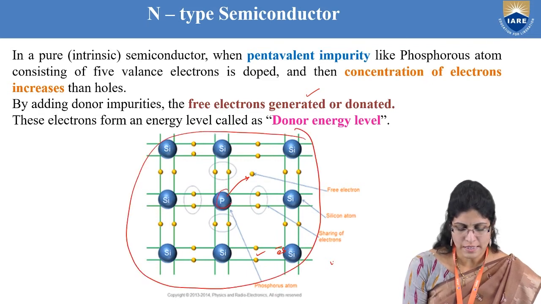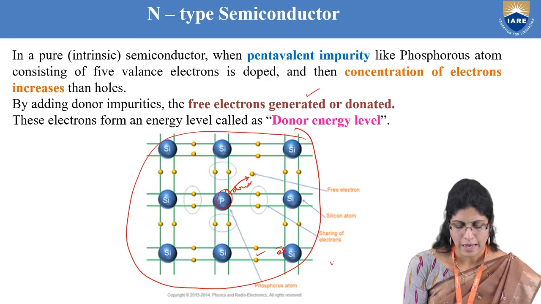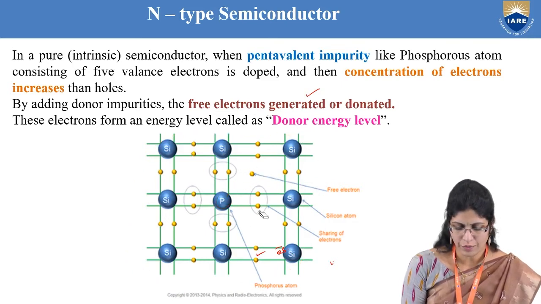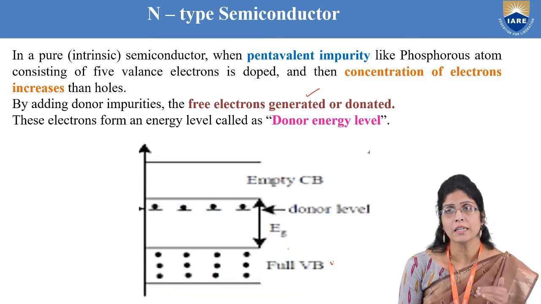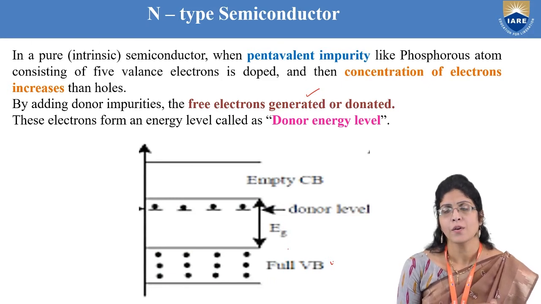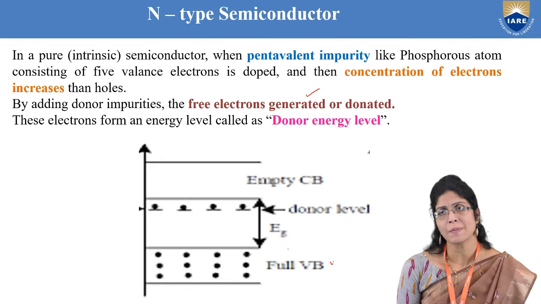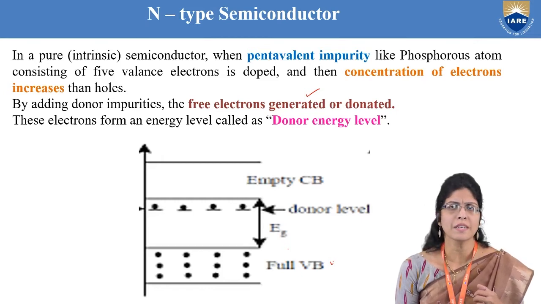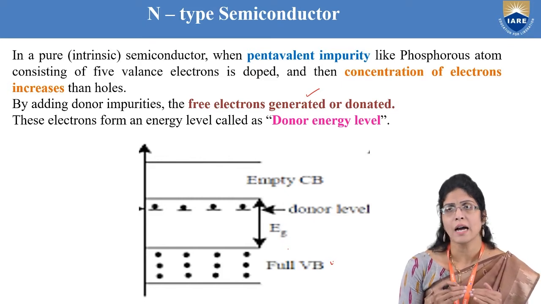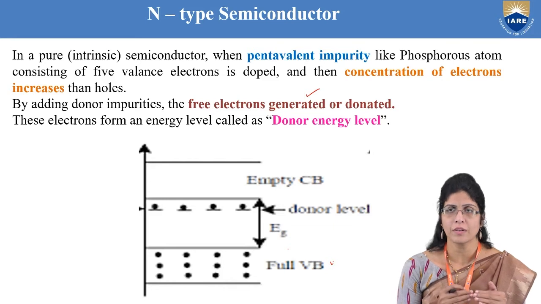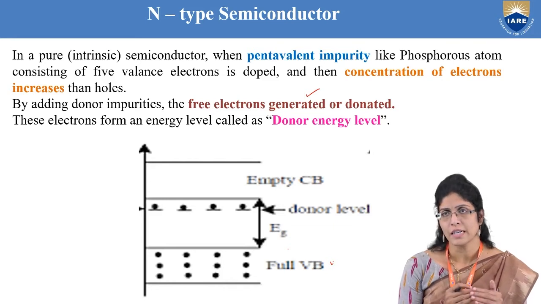So I can call this a donor, and this donor will now form a level beneath, just nearer to the conduction band. Why near the conduction band? Because now this is having a free electron. A free electron will always be very active, and it can jump to the higher energy level. So I'm saying that it will fall very near to the conduction band.